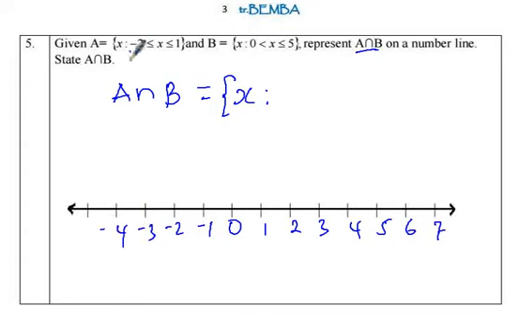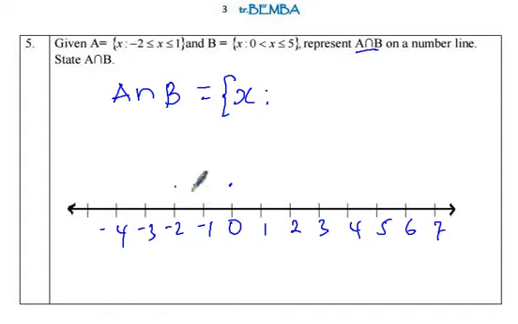Now for this first set here, it starts with an integral value -2, but then the second set starts with an integral value 0. Since we're interested in the intersection, anything that is outside, this is where I have the 0, this is where I have the -2.